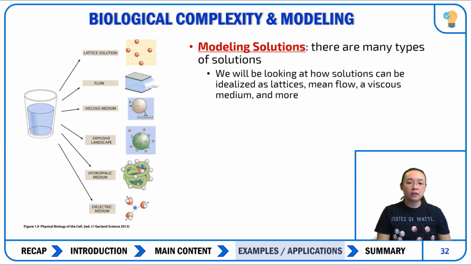You can model it as a hydrophilic medium that dissolves polar molecules and repels oil-like molecules. You can also model it as a dielectric medium for electrochemical studies. For us, we'll be focusing on the latter two because our macromolecules are in some fluid at all times.